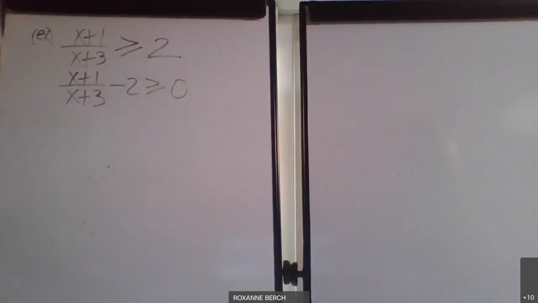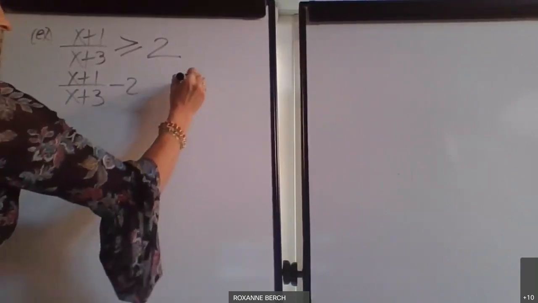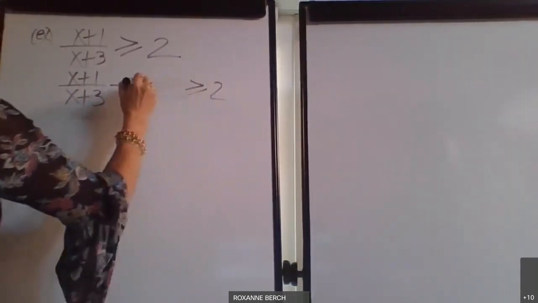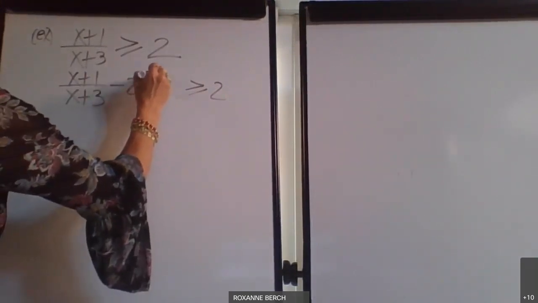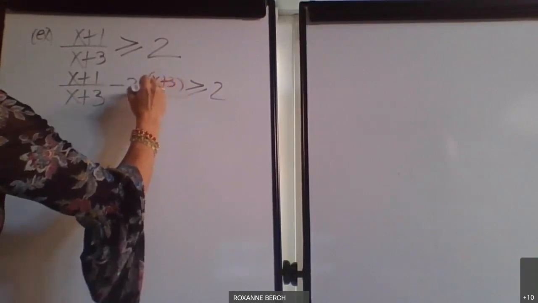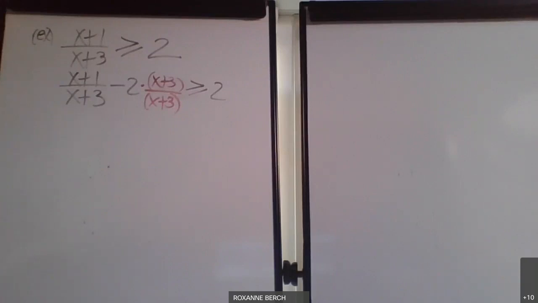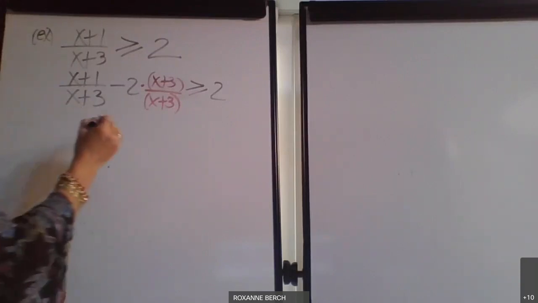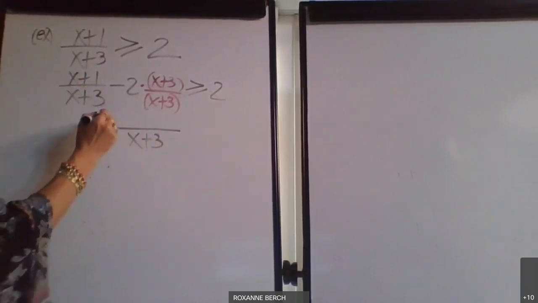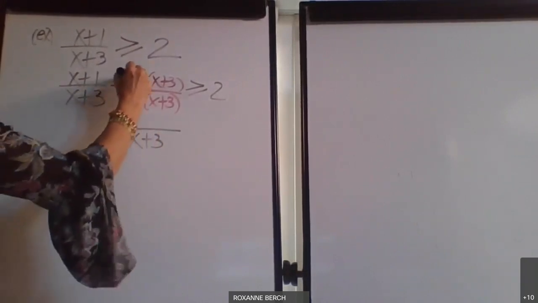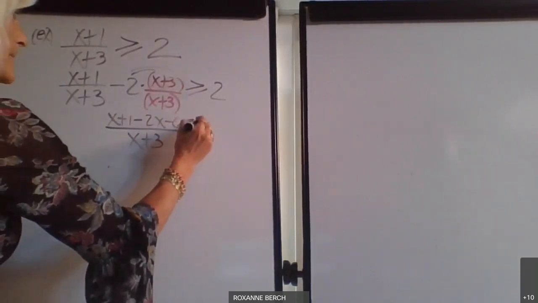And with this, you guys, you have to get a common denominator. So you have to multiply that guy by the common denominator, x plus 3 over x plus 3. Right? So your common denominator is x plus 3, and on the top, you have x plus 1, you have to distribute, minus 2x minus 6.